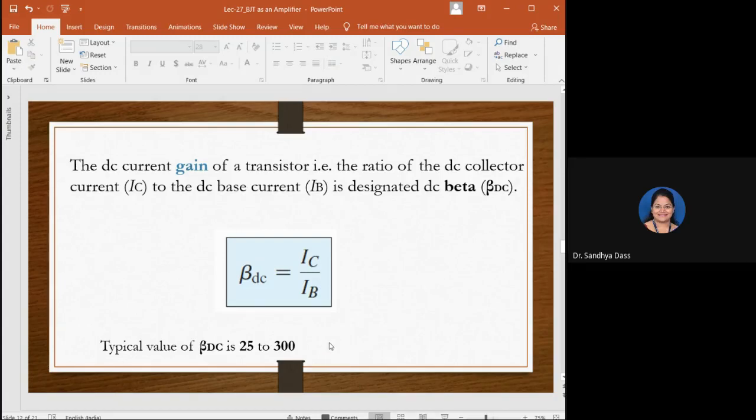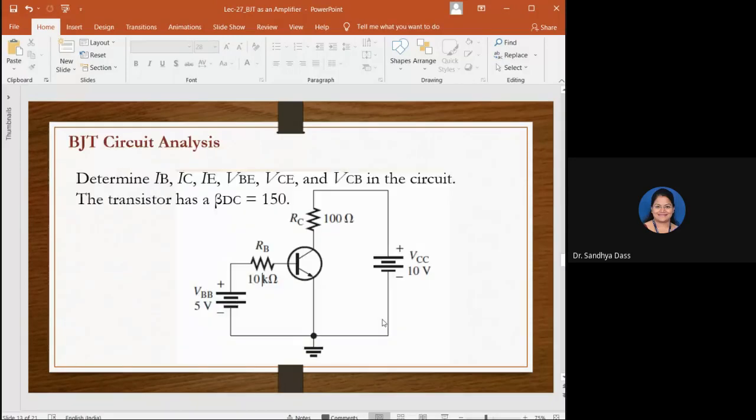Why only 25 to 300? If it is less, what happens? We'll see. It is current gain, right? You will understand as we solve some example problems. If it is less, how does it affect?